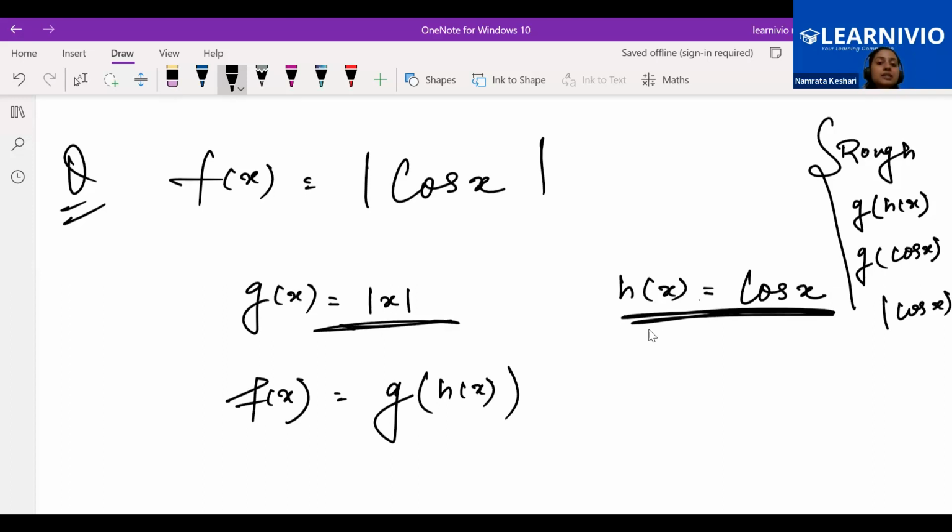It is also continuous everywhere. Yes or no? Yes. Hence this g of h, or the given function f of x, will be continuous everywhere.